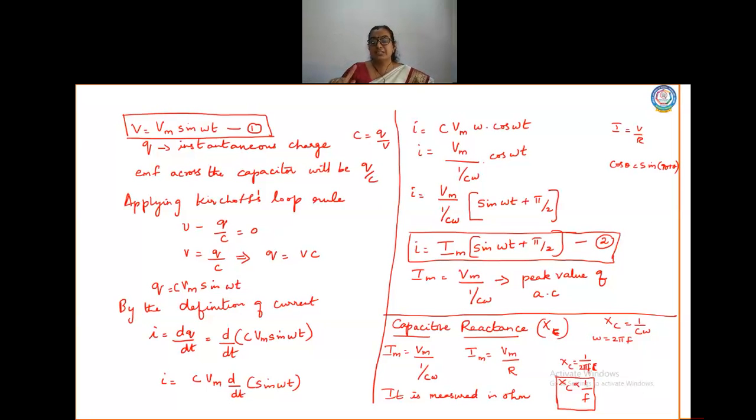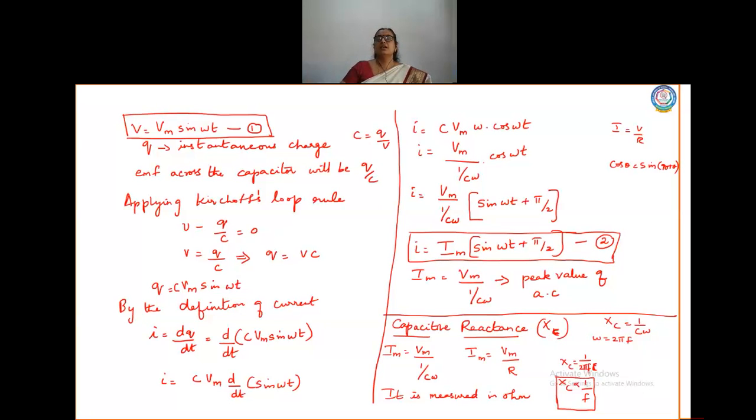A capacitor will not allow DC, it allows only AC to flow through it. You have many more complications in this, but as far as our topic is concerned, we will come to the conclusion that a capacitor blocks DC. There will be a 3-mark question like: a capacitor blocks DC but allows AC, explain.